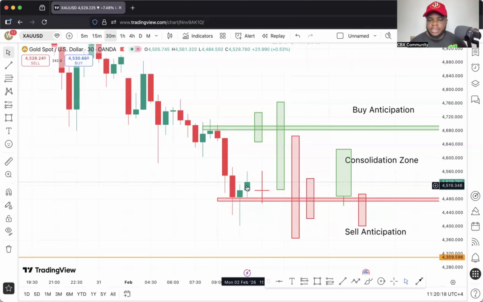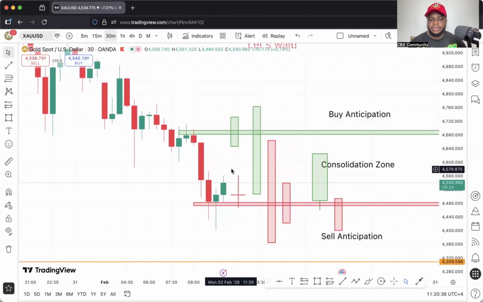Let's see how this 30 minutes candle wants to close. We need this 30 minutes candle to close with a bullish candle for the next one to break the high, or for the next one to break the low. But from this resistance zone down to this support zone is considered a consolidation zone. So let's wait and see.